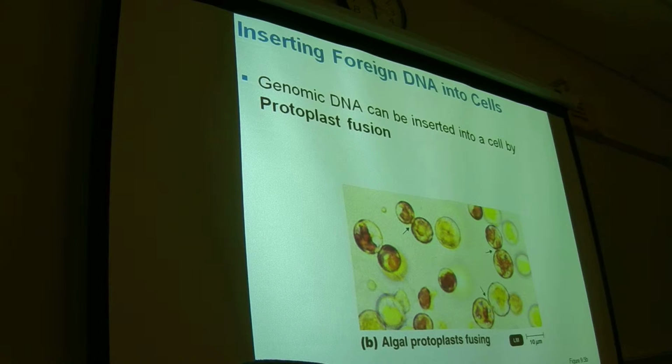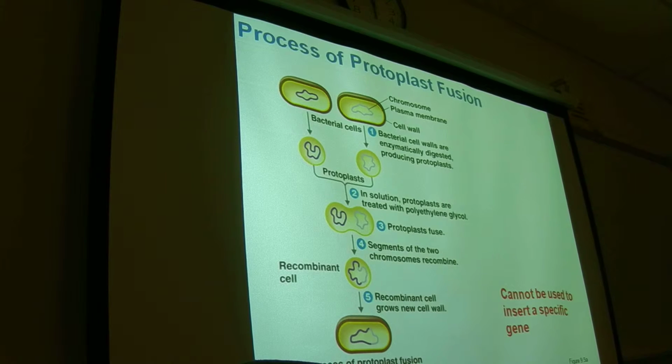Okay. So now you've been able to amplify your gene, you've pasted it into a plasmid. Now you need to figure out, how do I get this plasmid into the bacteria? There's a couple of different ways you can do that. Protoplast fusion is not typically what you would do. Protoplast fusion is a way to get DNA from one cell into another, but it's very non-specific.